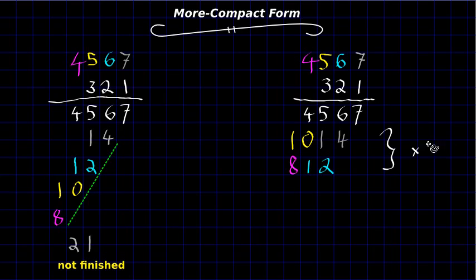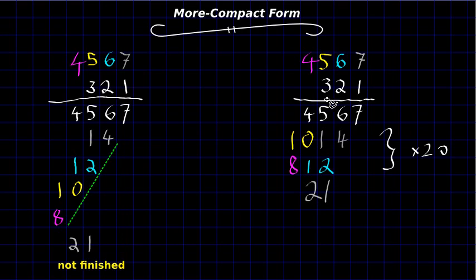This is the by 20 group. So we now move on to the next digit in the lower factor, which is a 3. 3 times 7 is 21, and we need to write that so it's lined up with the 3. So let's write that here.